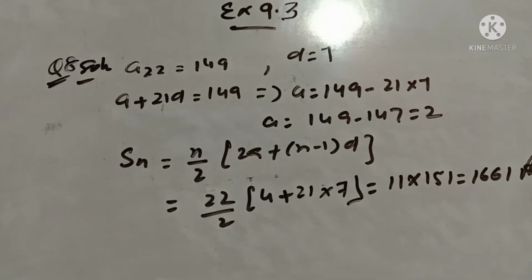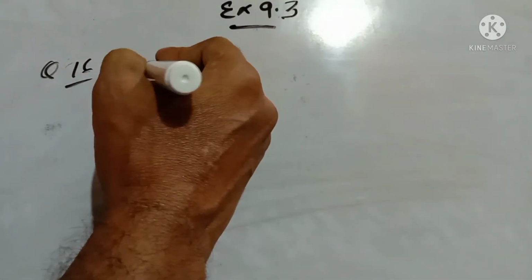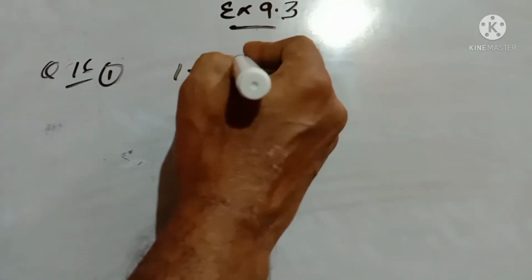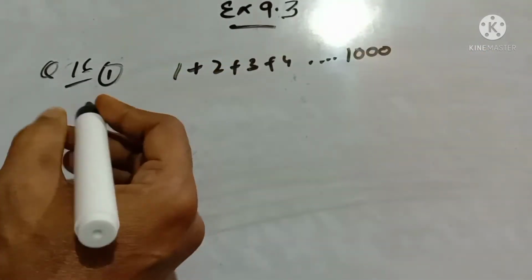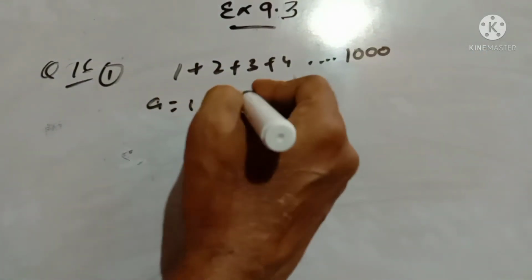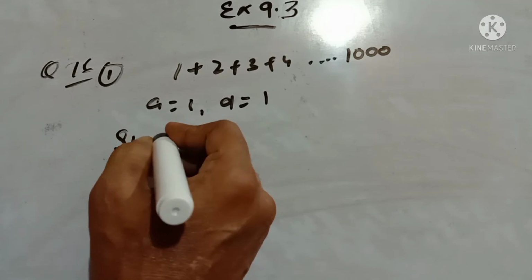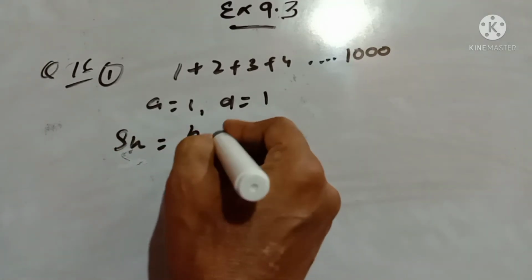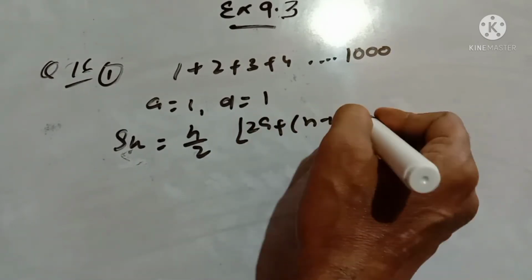Write down please. Question number 16, find the sum of first 1000 positive terms. So let the terms be 1 plus 2 plus 3 plus 4 dot dot dot up to 1000. So a equal to 1, d equal to 2 minus 1, that is 1. Sn term we can find out n by 2 into 2a plus n minus 1 into d.